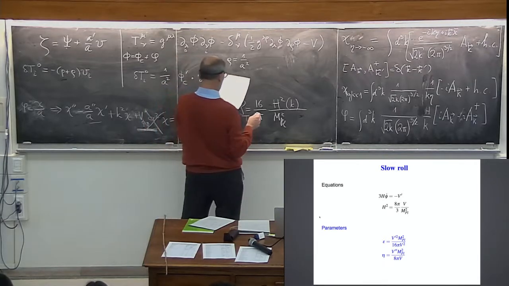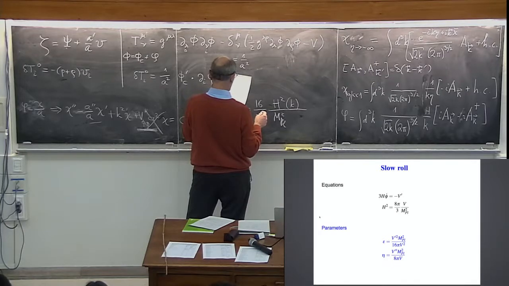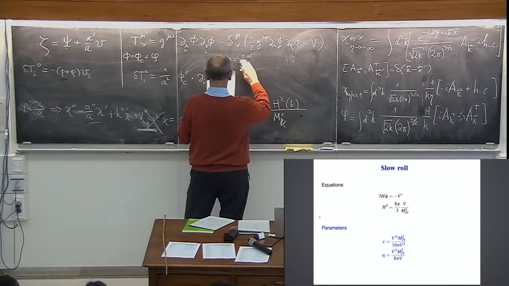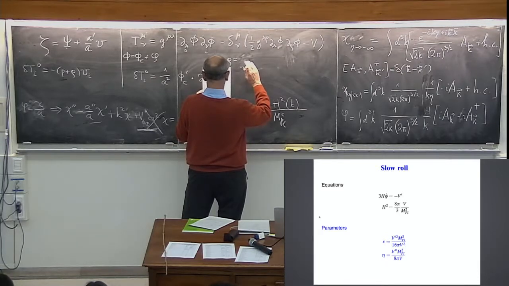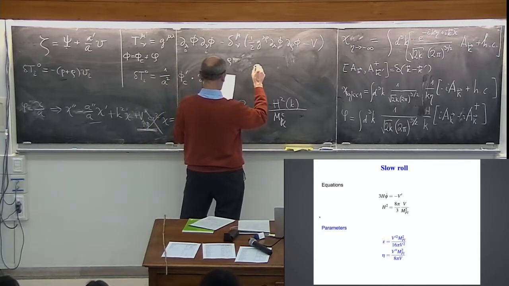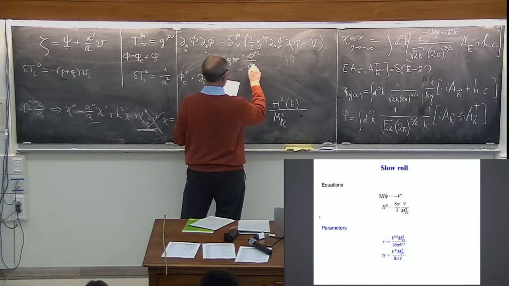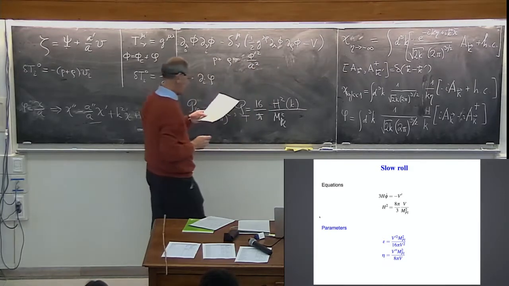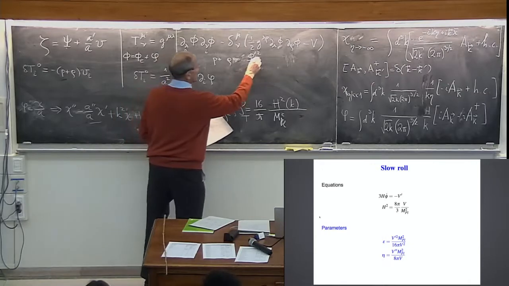Well, anyway, P plus rho is phi prime squared over A squared. Okay? Phi classical. At the classical level.